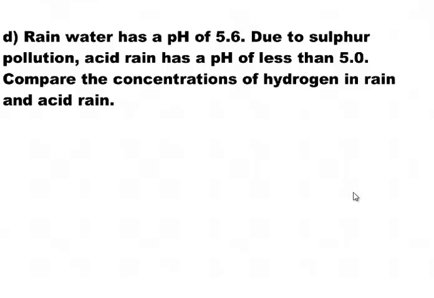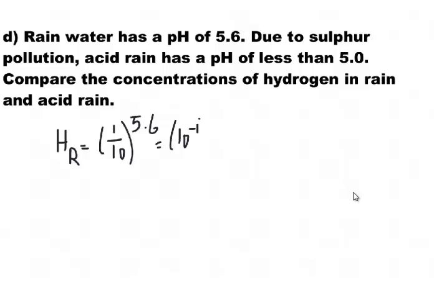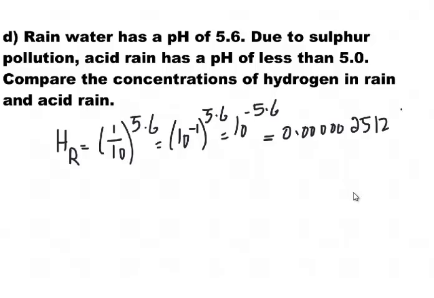So we are going to say H of rain is 1 over 10 exponent 5.6, which is the same as 10 exponent negative 1 times 5.6, which is 10 exponent negative 5.6. Use your calculator, and you get 0.00002512 moles per liter.